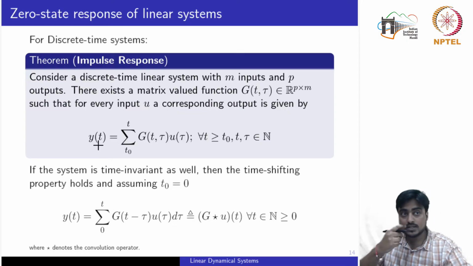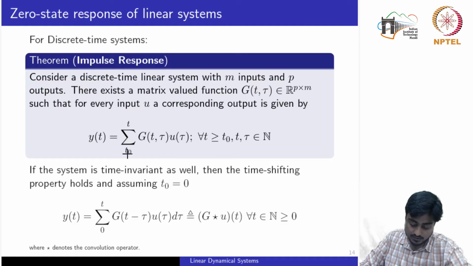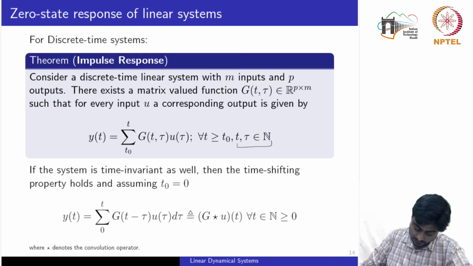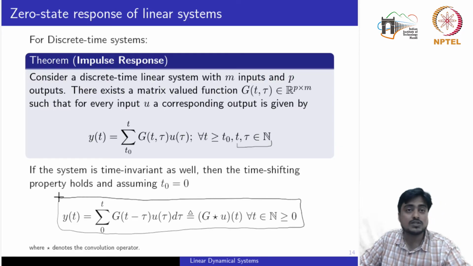Since we are dealing with the discrete time system, we have the summation from t0 to capital T, and both t and tau are integers. If the system is time invariant as well, then the time shifting property holds, as we had seen in the earlier slide, and assuming t0 is equal to 0, this is the response of the system when we assume the state is equal to 0.